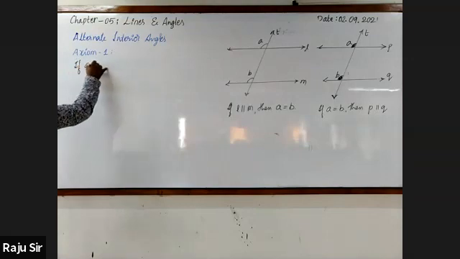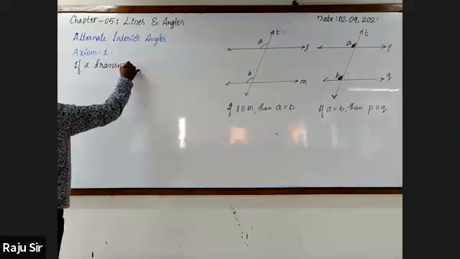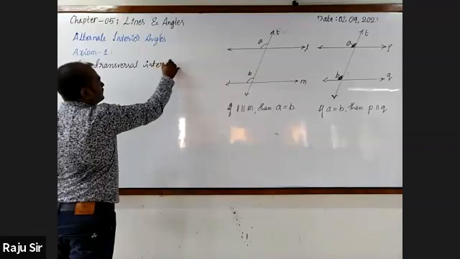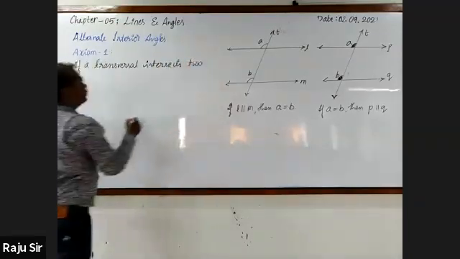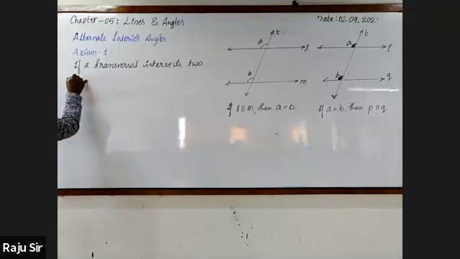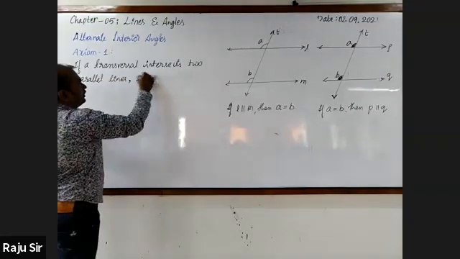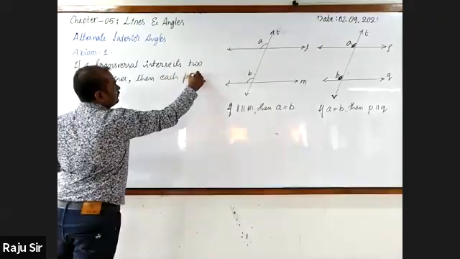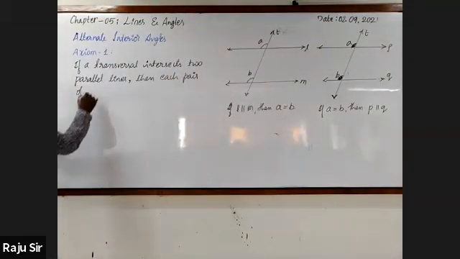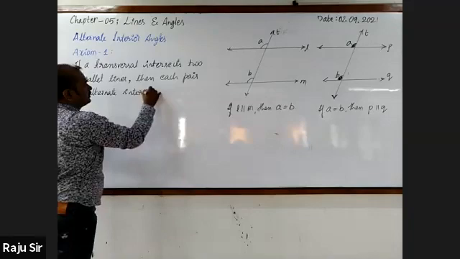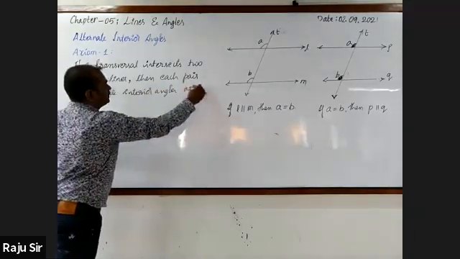If a transversal intersects two parallel lines, then each pair of alternate interior angles are equal.